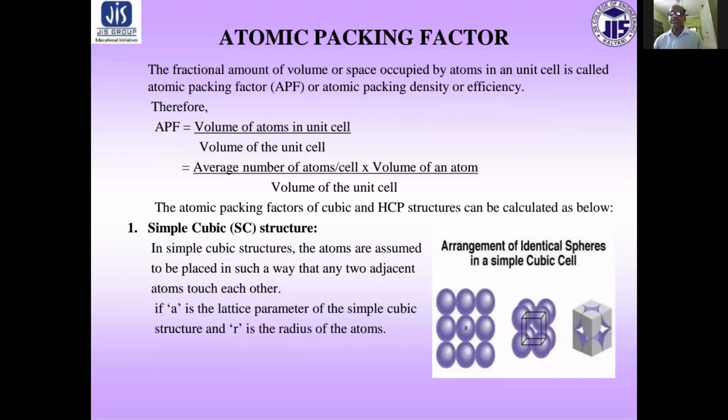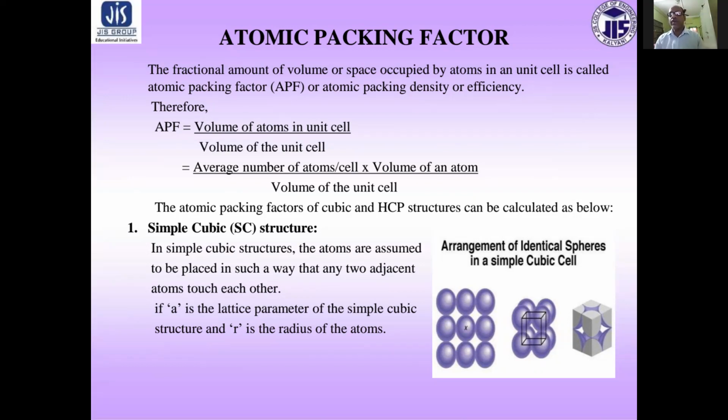Now next is atomic packing factor. It is defined as the fractional amount of volume or space occupied by atoms in a unit cell, and is called atomic packing factor, or atomic packing density or efficiency. So here APF is equal to the volume of atoms in the unit cell divided by the volume of the total unit cell.